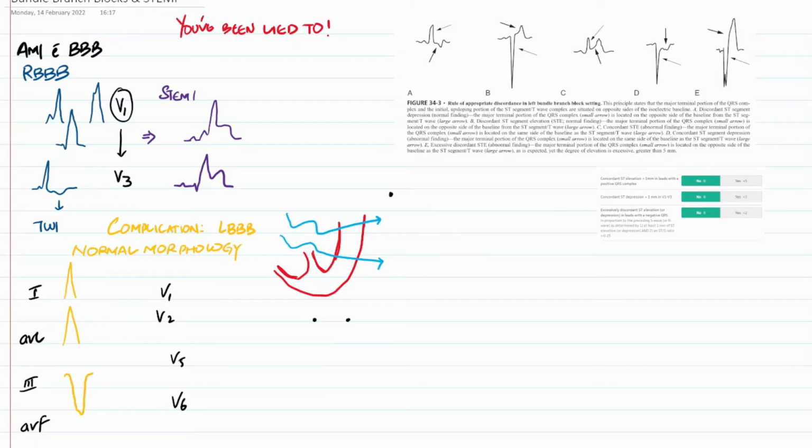Any inferior leads will show the current going away from it and will show predominantly negative QRS complexes. Right-sided leads will also show negative complexes. And left-sided precordial leads will show tall positive QRS complexes.